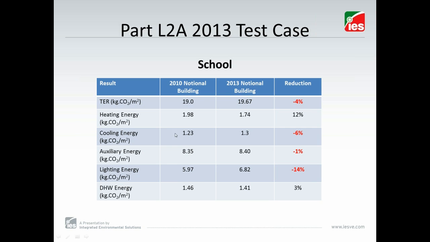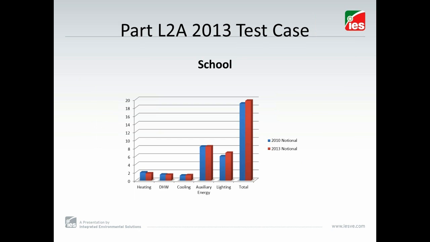And the cooling's slightly higher as well, and this is a result of the reduced air permeability and the improved window U value. Like I said, there's a bit of leeway in buildings with very high heat gains to use a different area weighted U value calculation, and the fuel factors are different. So that means that the overall is not massively different. It's like a 4% increase. So a bit counterintuitive, I felt. I thought it was going to be tighter, but it's not.